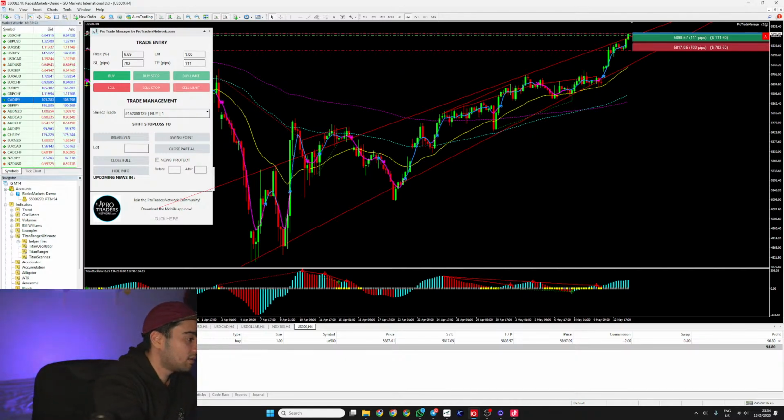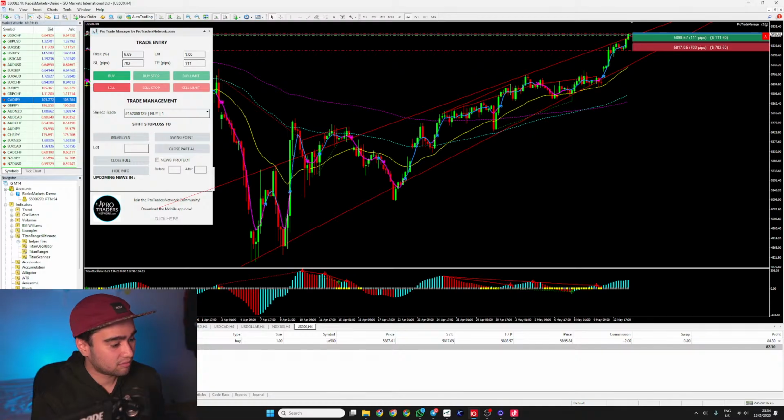Okay, so these are the live trades that are going on right now. You can see that we are up 99. And then these are the trades for today. This is how much we got today. If I close this running trade right now, we will be at $1,000.